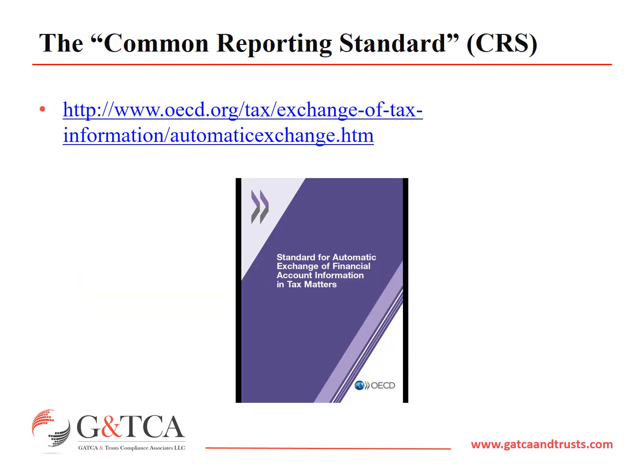The OECD eventually published a book called the Standard for Automatic Exchange of Financial Account Information in Tax Matters. It is available at the website on this slide. This book, sometimes called the Standard, is also often referred to as the Common Reporting Standard, which is abbreviated CRS.